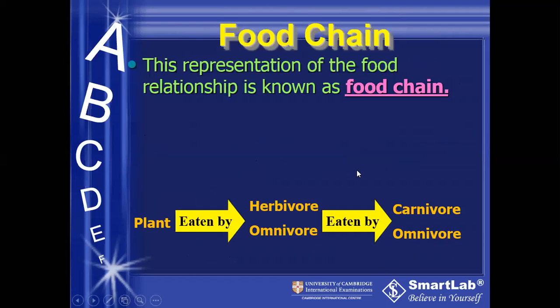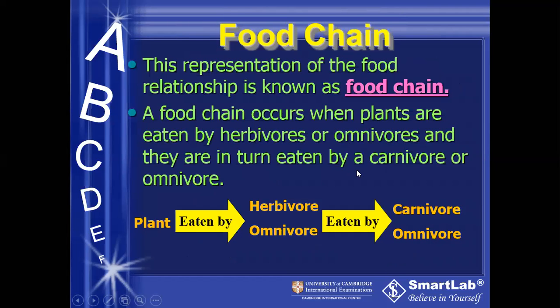A typical food chain shows you how one organism depends on another organism for food. It occurs when plants are eaten up by the herbivore or omnivore, and they are in turn eaten up by a carnivore or omnivore. So in this case, the plant is eaten up by the herbivore, which is later eaten up by a carnivore.